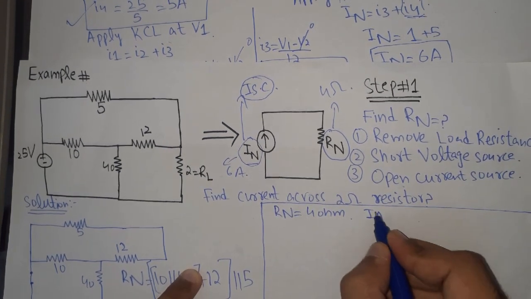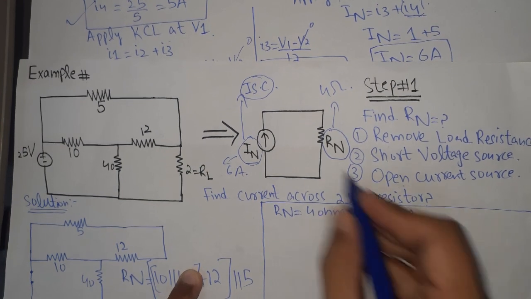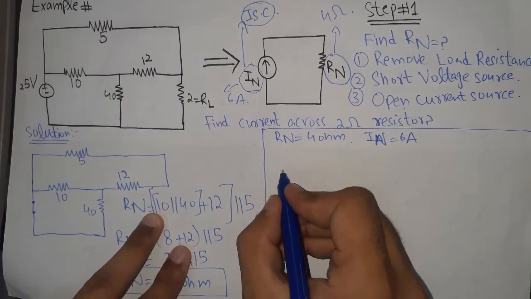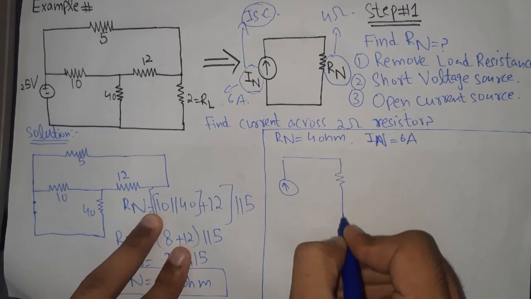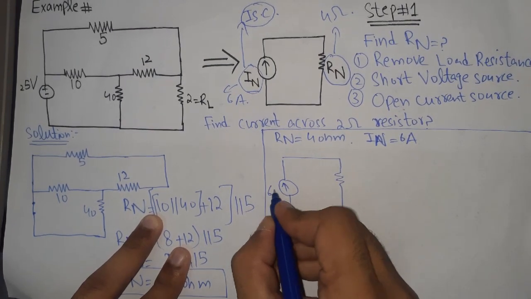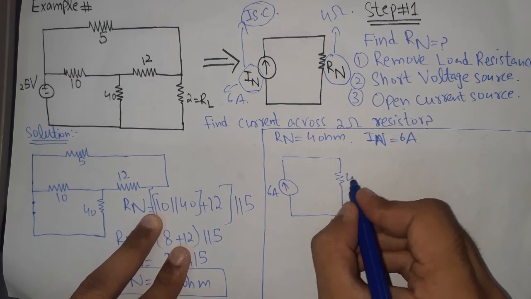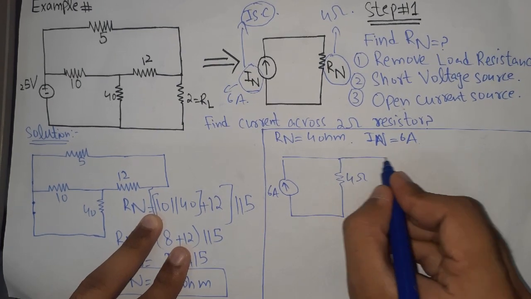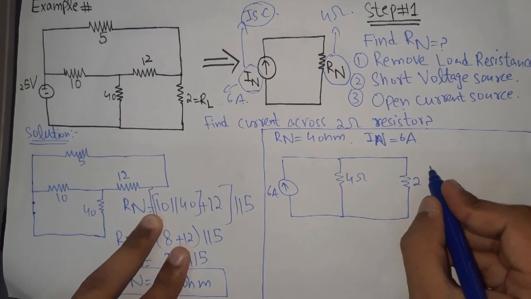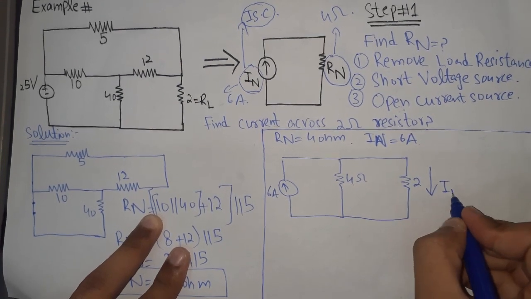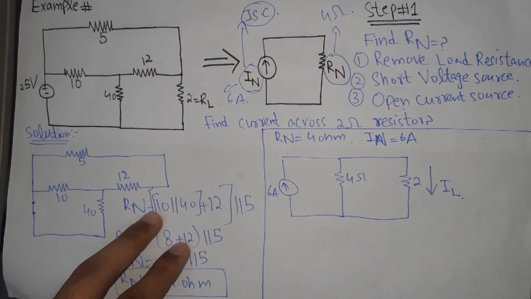So put these two values into this circuit. Now my circuit becomes 6 ampere and 4 ohm, and we also attach the load, 2 ohm, where we need to find the load current, which is our main aim.